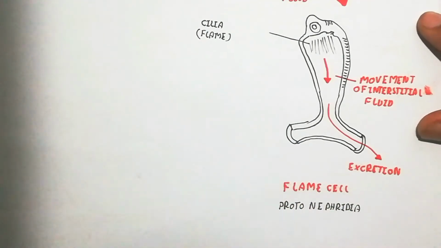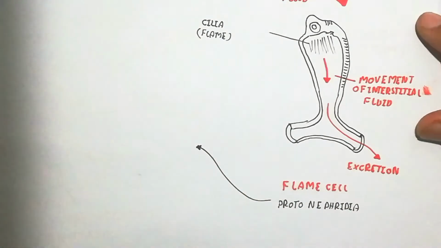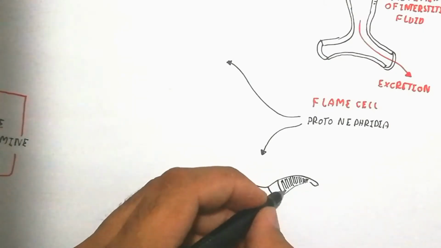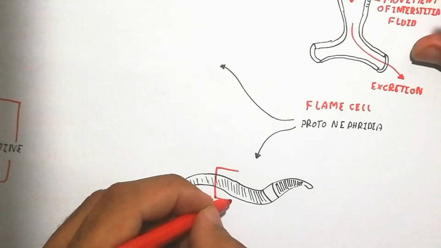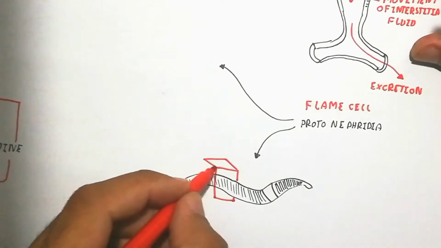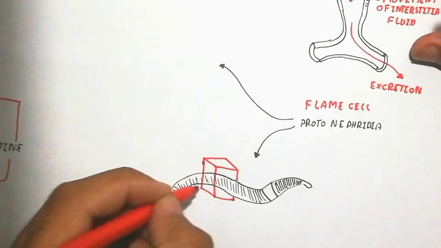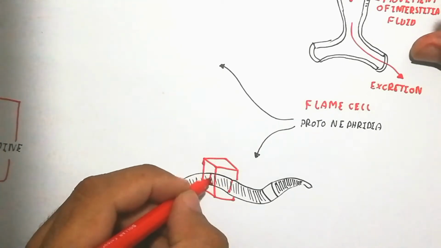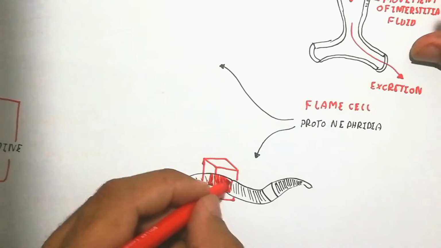The blood vessels are also present, and the protonephridia convert into metanephridia, many nephridia as compared to the protonephridia. In the earthworm the septum is present, and each segment's function is separate.